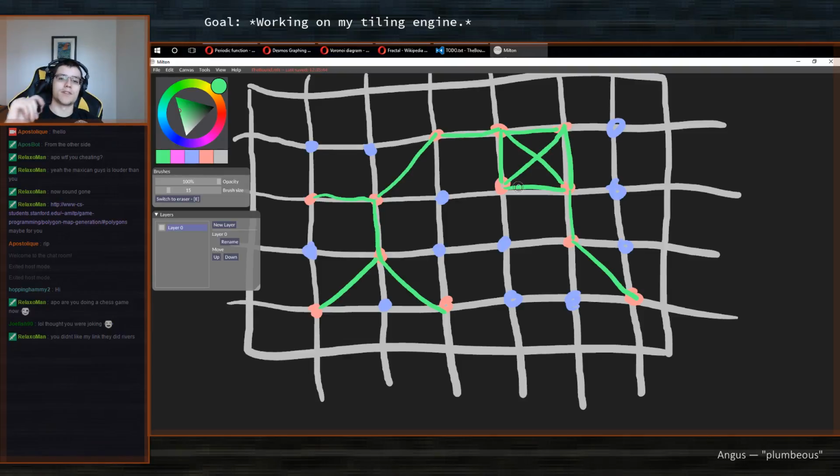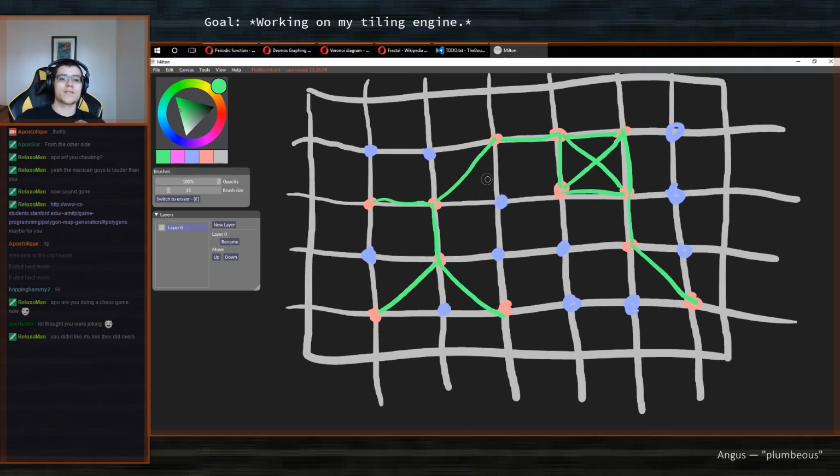Okay, whatever. Let's say with this algorithm, this is exactly what happens. Now I get this sort of graph, and I need to determine the flow of the water, like which way is the water going.